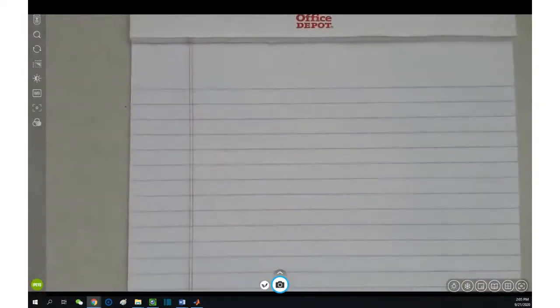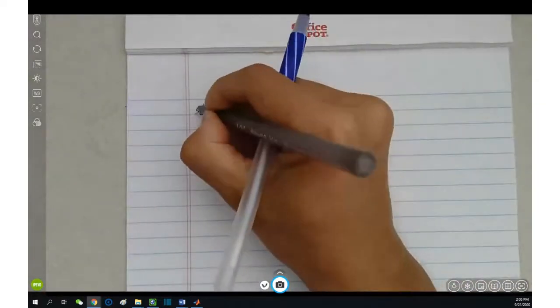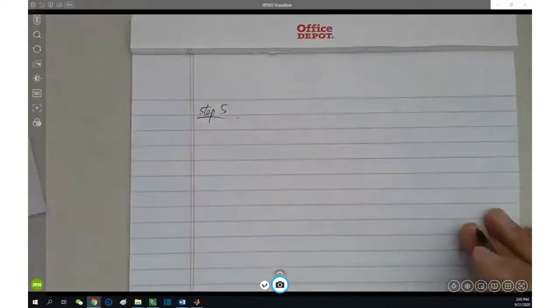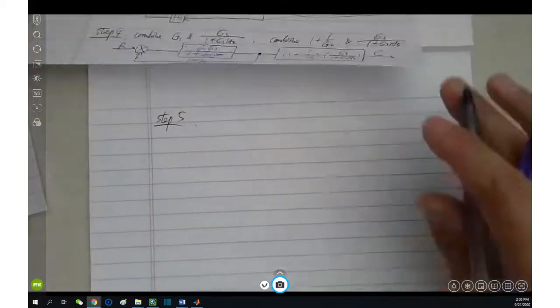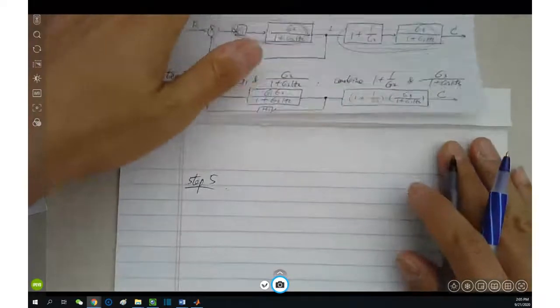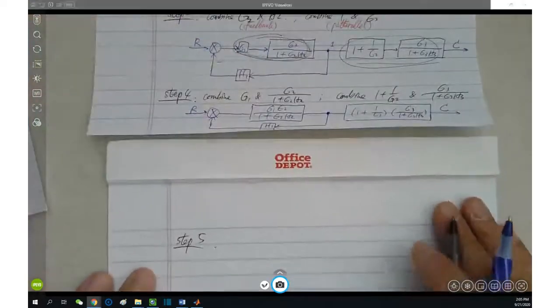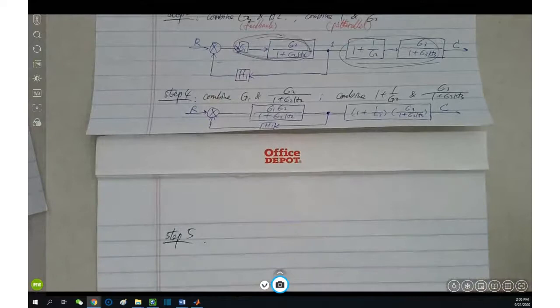And then step 5, I think, is very straightforward now. It's just the one feedback.